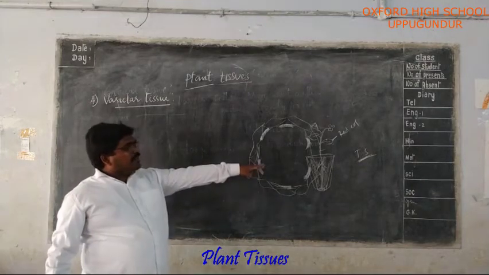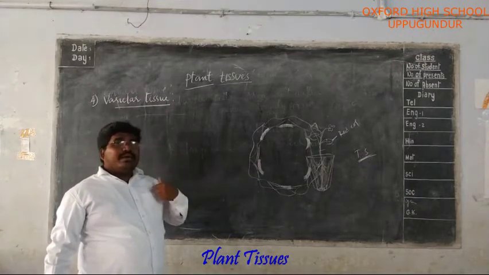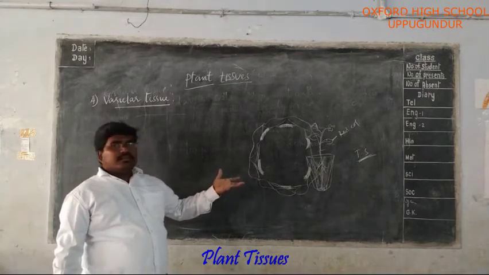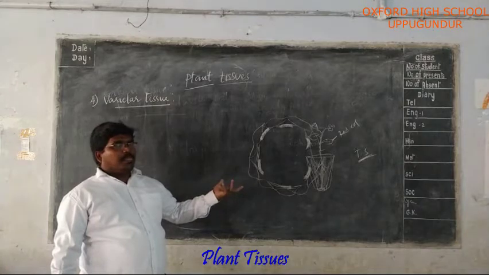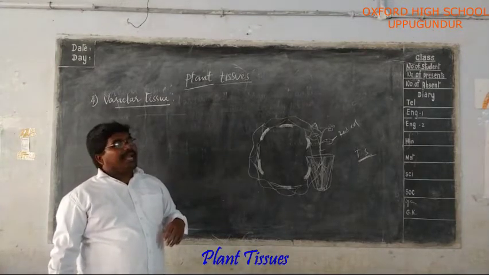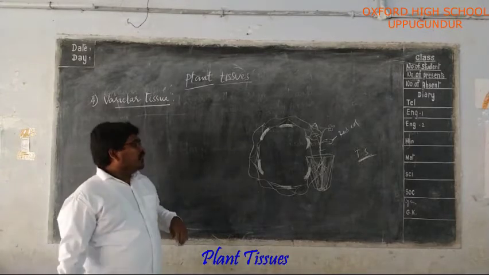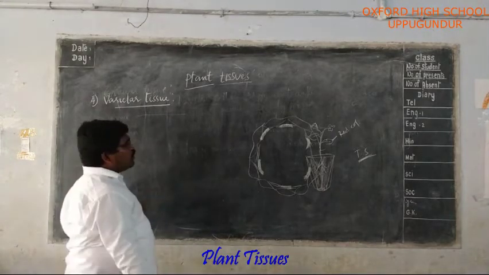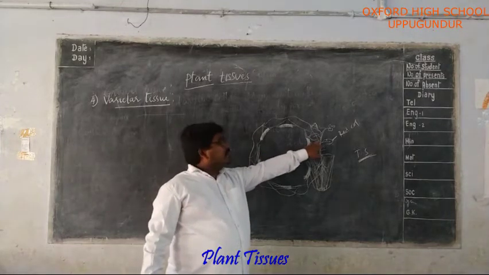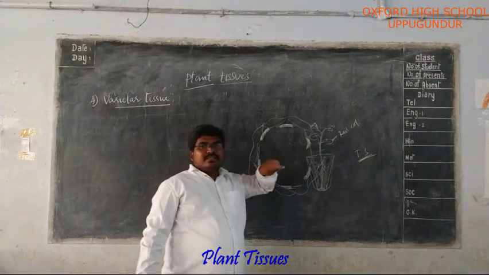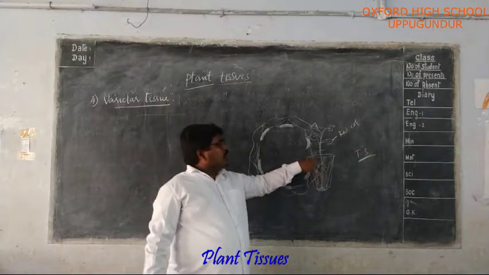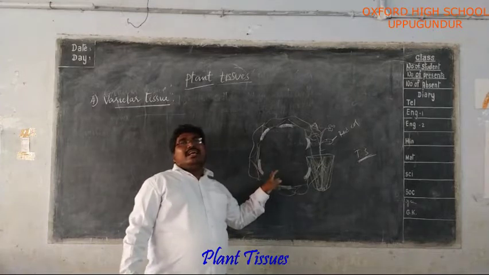Because by keeping the plant in the red water, we know very well the roots absorb water and minerals from the glass and transport them to upper parts of the plant where required. So the water absorbed by the roots is pumped to the photosynthetic parts, especially to the leaves. So these parts appear in the red color.